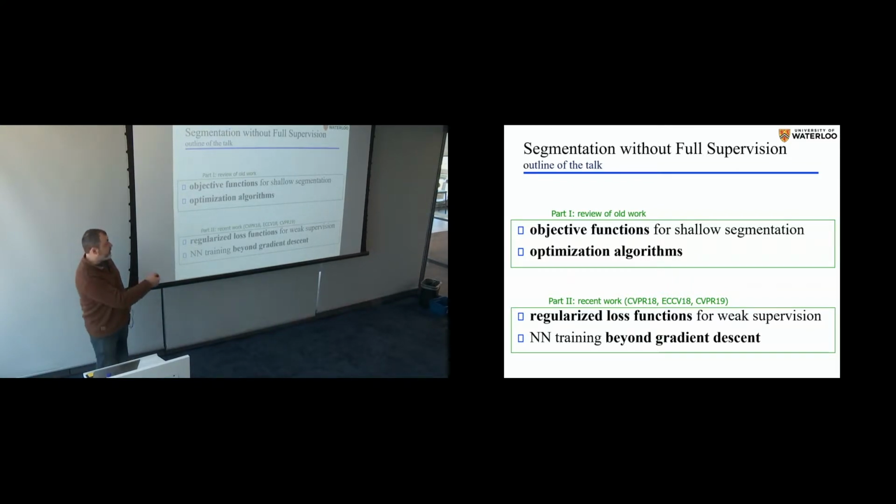So basically, first I'll talk about objective functions in a shallow context. And when I say shallow, I mean non-deep. That's before deep, okay? That's not my term, but I totally like that term to divide the two. And then you will see how similar objective functions, in a completely shallow sense, become very helpful as loss functions in the context of deep segmentation.